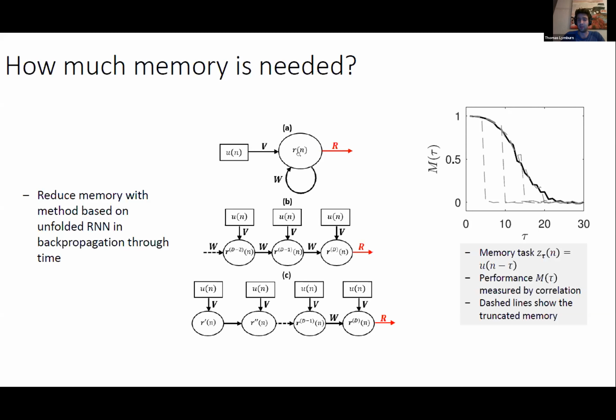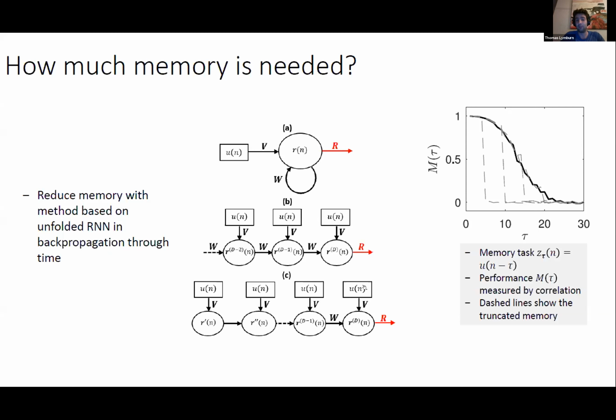time method, and there's an unfolding of a recurrent neural network in the backpropagation through time method, where you take your recurrent neural network. So we have this recurrent loop here, where we have connections with a time step between the network and itself. We're going to unfold these over time into a layered structure like this, right? So if you unfold this over an infinite number of time steps, this is equivalent to your original recurrent neural network.